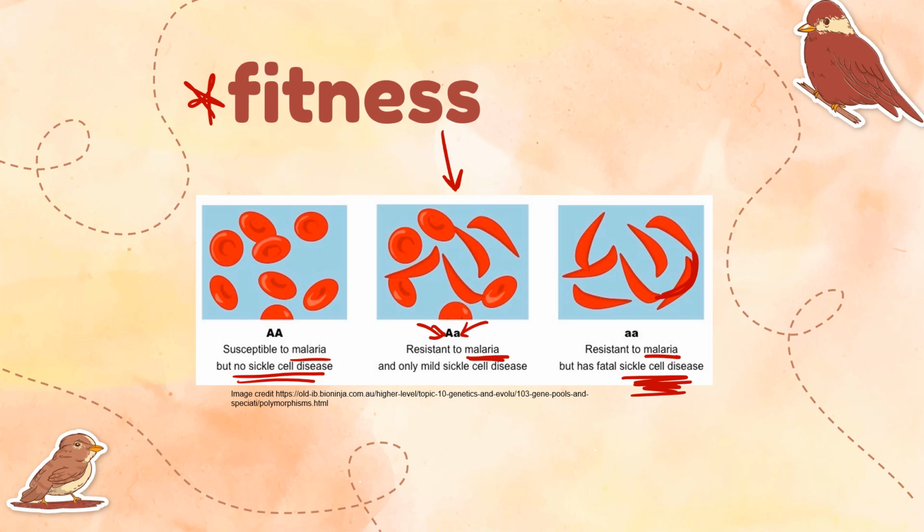And so being heterozygous for sickle cell would actually make you more resistant to malaria, which meant that you were more likely to survive and reproduce, passing on that sickle cell trait. So again, fitness is not necessarily about being stronger, faster, bigger. It can also be having a little bit of sickle cell, which means that you don't die from malaria.